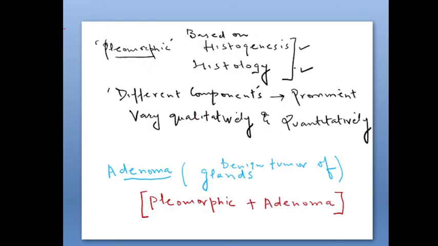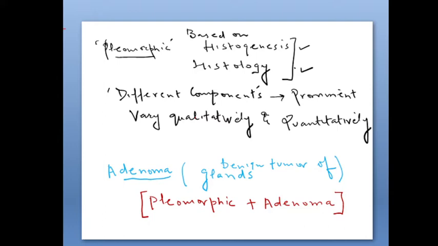Now let us discuss the term pleomorphic adenoma. Pleomorphic adenoma is composed of two terms. One is pleomorphic and one is adenoma. Pleomorphic, based on histogenesis and histology, both there are different morphological phases, different shapes and sizes seen.